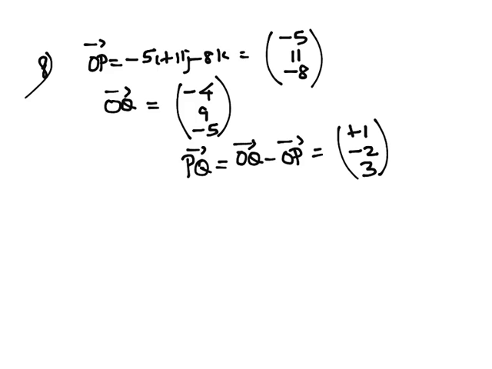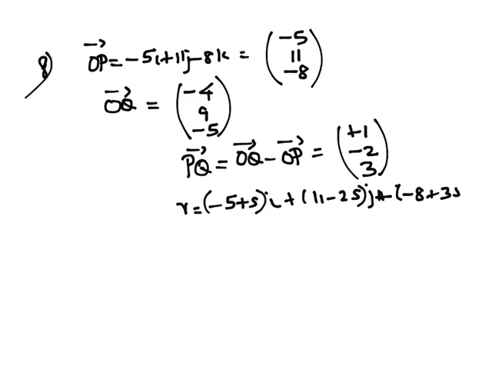So that is PQ. Hence, show that the equation of L1 can be written as r equals minus 5 plus s times i plus 11 minus 2s j plus minus 8 plus 3s into k. Now it may look confusing, but it's very simple.